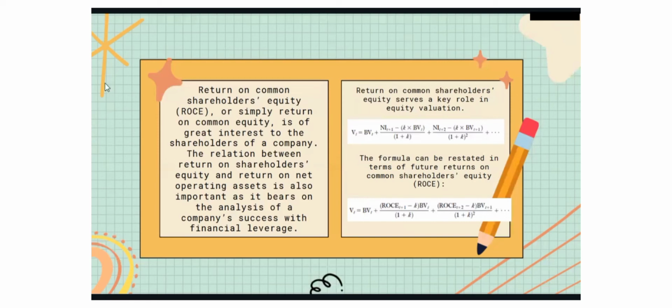In this formula, P stands for company value, BV stands for book value of stockholders' equity, and NI stands for net income. K stands for cost of equity capital, or the return that shareholders expect to earn on their investment.